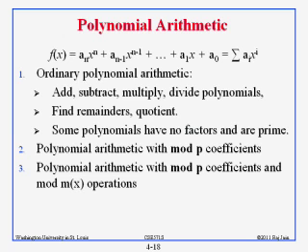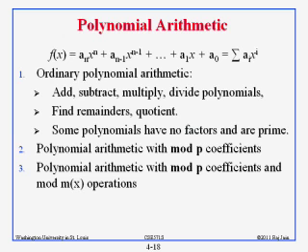That is the normal arithmetic that is taught in high school. What is not taught in high school is probably the polynomial arithmetic with mod p coefficients. They probably don't teach you how to do mod 8 or mod 7 or mod 3 or mod 2 polynomials, and that we will teach you here.